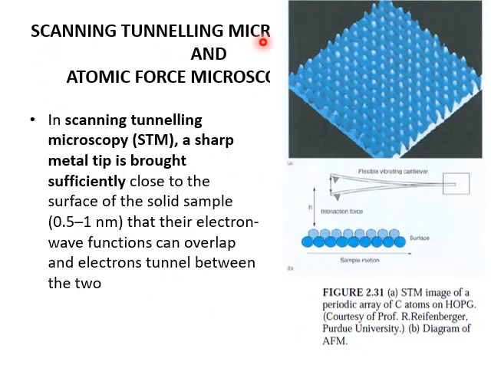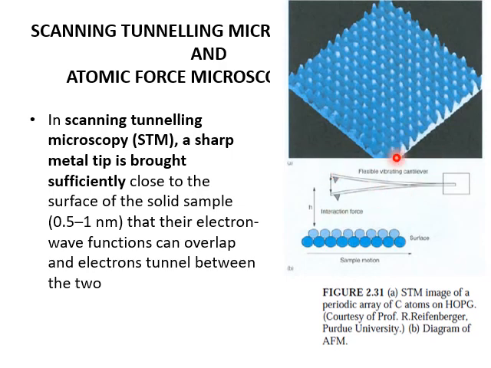Scanning tunneling microscope and atomic force microscope. We have previously studied the scanning tunneling microscope. This is a scanning tunneling image of the periodic array of carbon atoms on HOPG. We will study atomic force microscopy later.